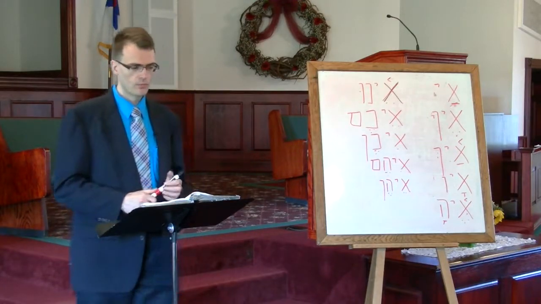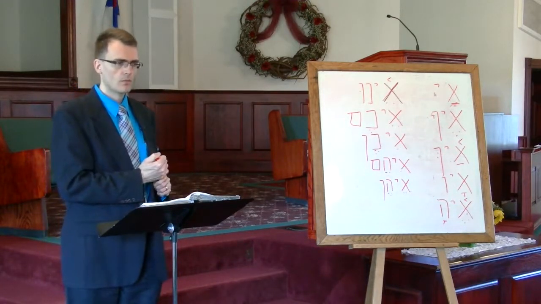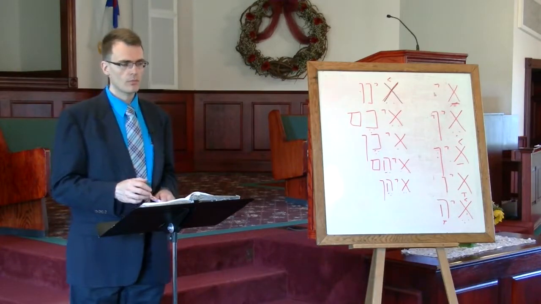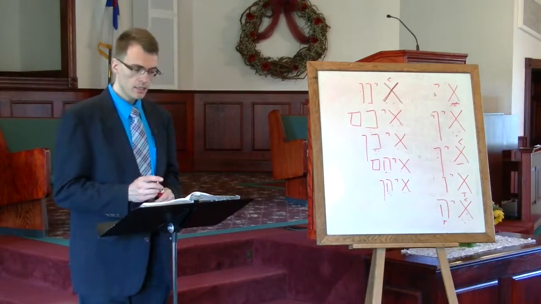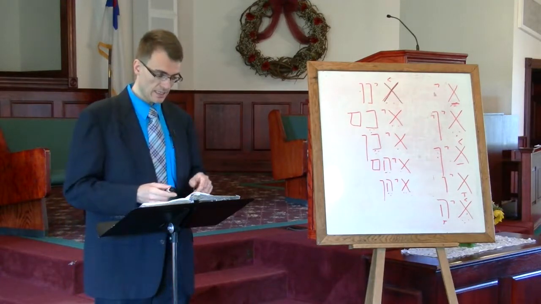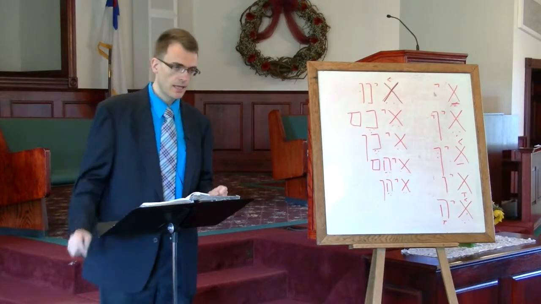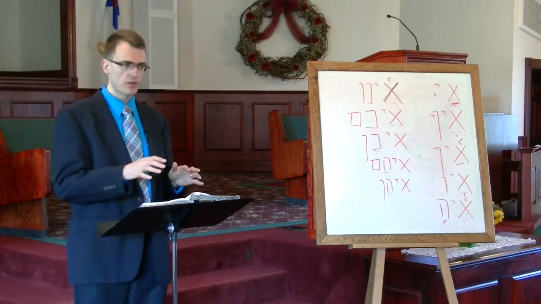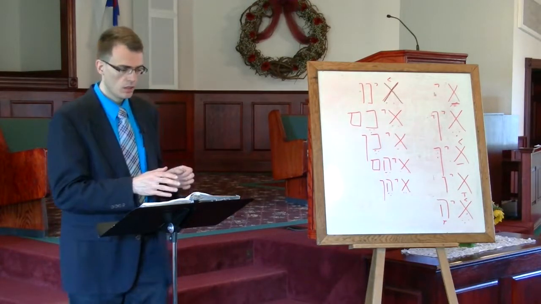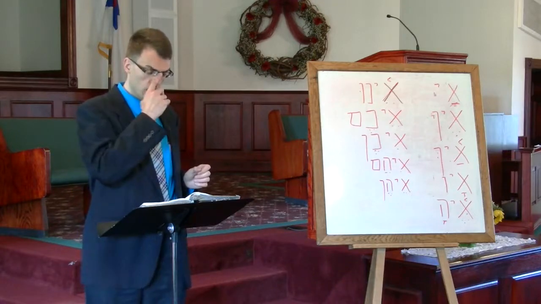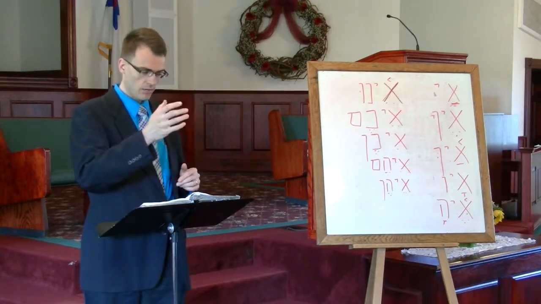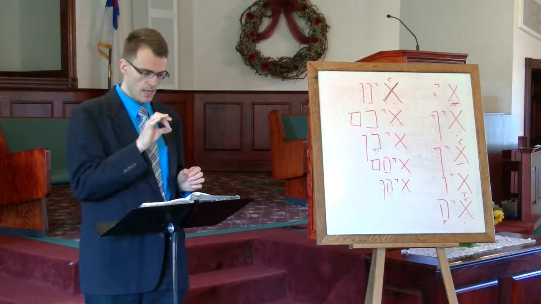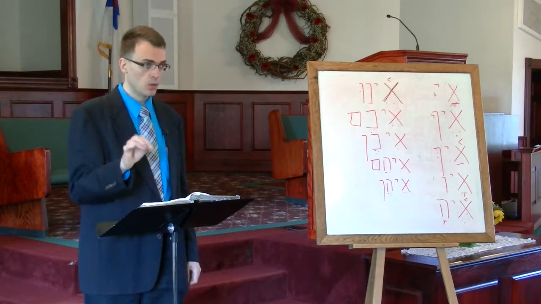Because I think it has something to do with the tav, the second tav having a dagesh. It is somewhat related to the second tav having dagesh. That's a silent shewa. See? And silent shewa, you always have to have something underneath it. So at the end of a closed syllable, you could have one of those consonants, the aleph, the cheth, the hey, with a shewa instead of a hatef vowel, but only if it's a silent shewa.